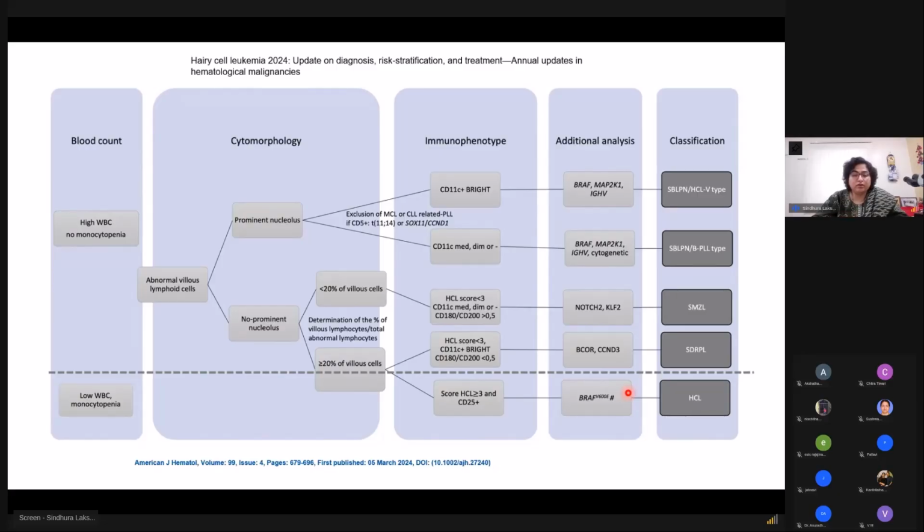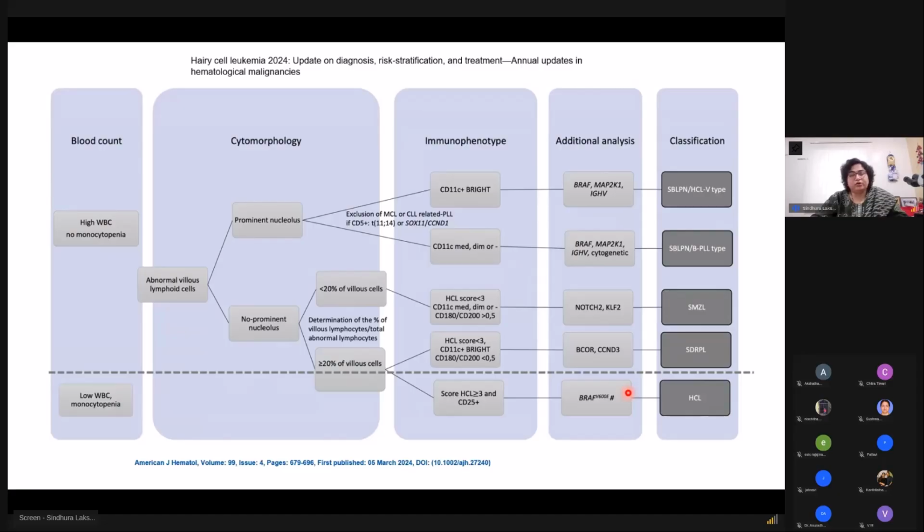Now, if more than 20% villous cells are present in circulation and the HCL score is low, but CD11c is bright, and for CD180 versus CD200 the mean fluorescent intensity is tilting more towards CD200, that is brighter CD200, then it is more likely to be SDRPL, splenic diffuse red pulp lymphoma.